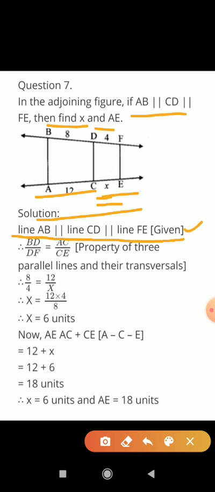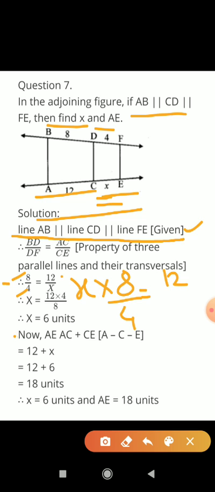So put the values. BD is 8, DF is 4, then AC is equal to 12, and divided by CE, CE is X. Now this X becomes multiplied to the left side, so X into 8 upon 4 is equal to 12.